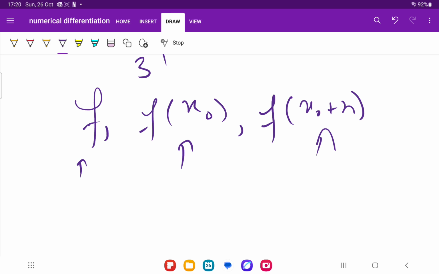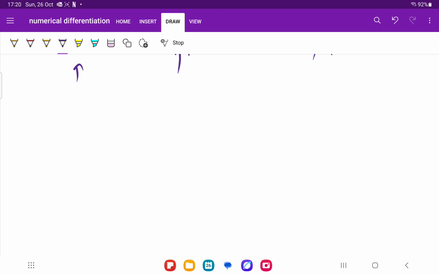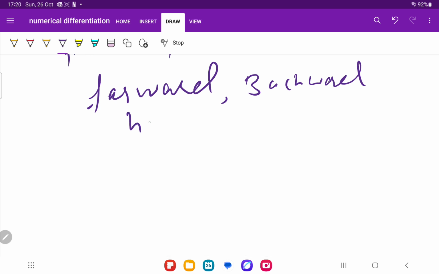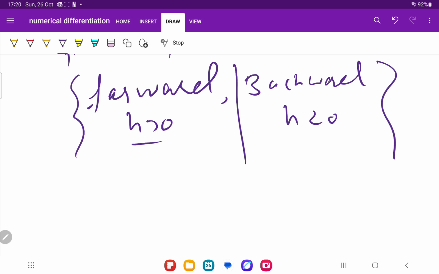Now, there are 2 formulas relating to this type of approximation. One is the forward and another one is the backward. Forward is used when h is greater than 0 and backward when h is less than 0. Depending upon your h, when h is greater than 0 you consider forward; when h is less than 0 you take the backward formula.